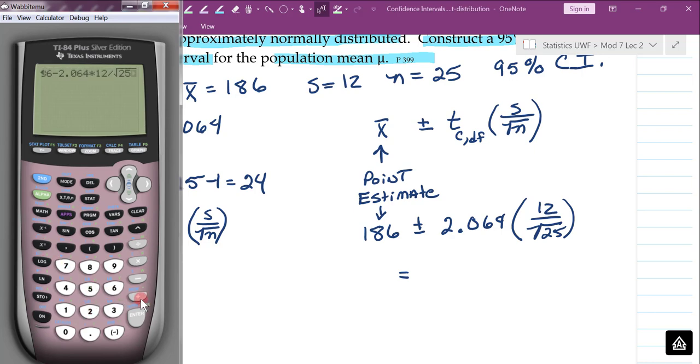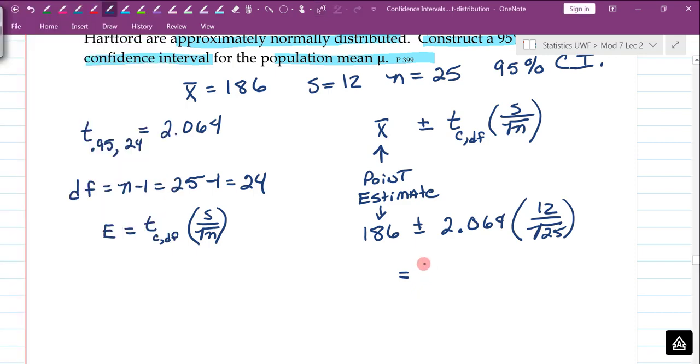This will give us our lower boundary. So our lower boundary is 181 point, let me pull that back up again, I didn't pay attention to the decimals.